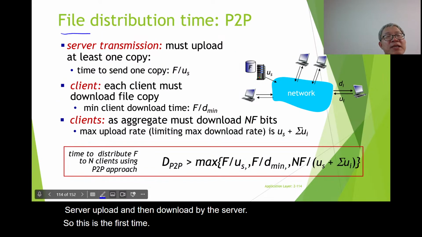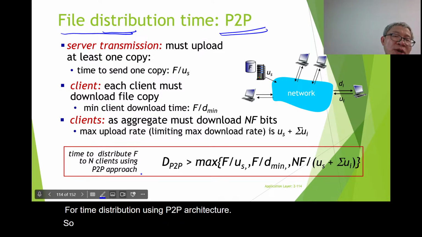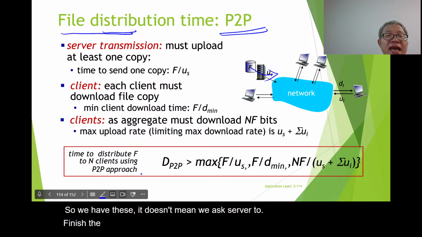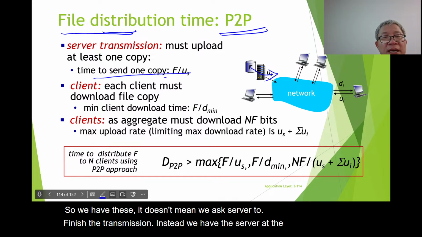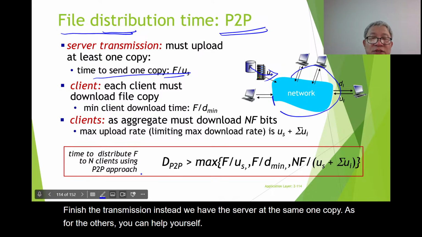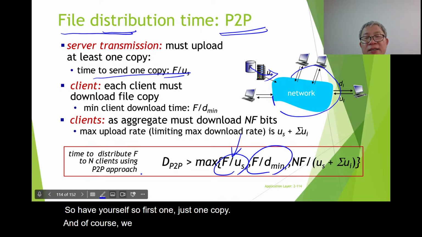However, for the distribution time using P2P architecture, it doesn't mean we ask the server to finish the transmission. Instead, the server at least sends one copy. As for the others, they can help themselves. So the first is just one copy, and of course we have the smallest rate to download.